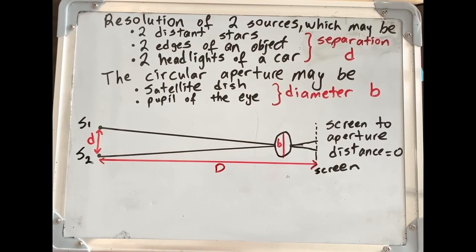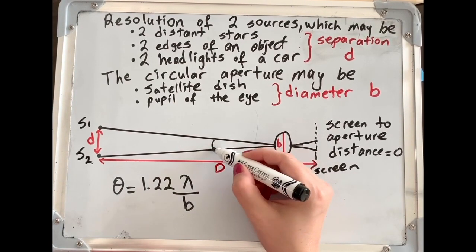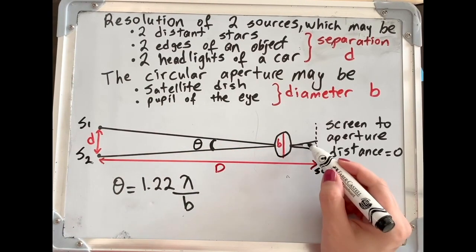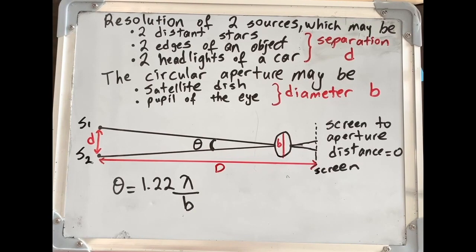So for a circular aperture, the condition for being just resolved is given by that angle. This is called the angle of resolution, and on the diagram it's this whole angle. Obviously also on the other side.